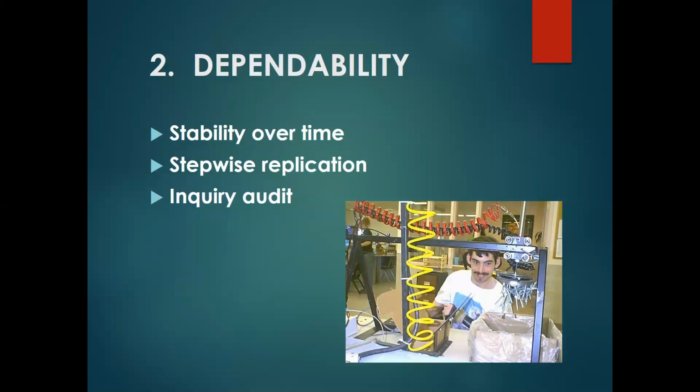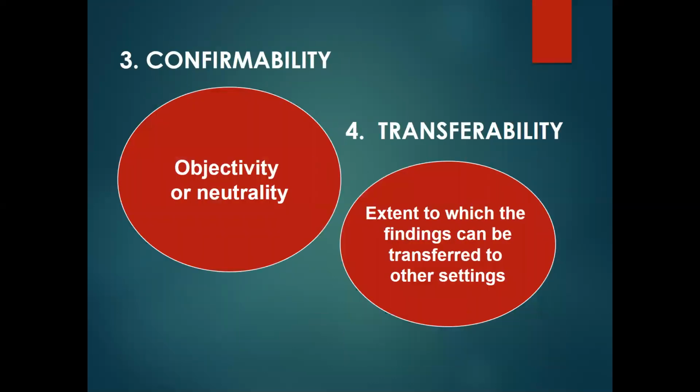And how is the data auditable, which means can you go back and see exactly how the person collected the data and collect it the same way? And the third and fourth, confirmability, means was the person objective or did they remain neutral? Did they discuss their own bias in the data collection? And then transferability is the extent to which findings can be transferred to other settings.